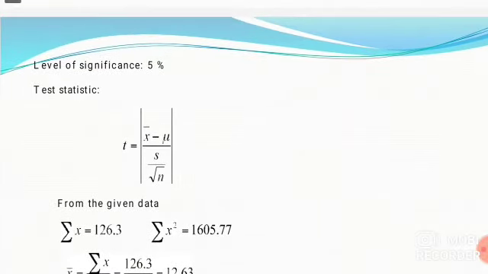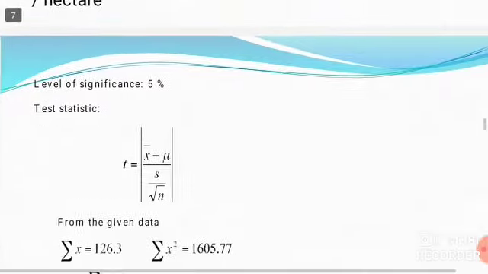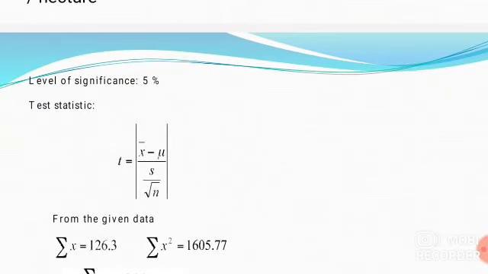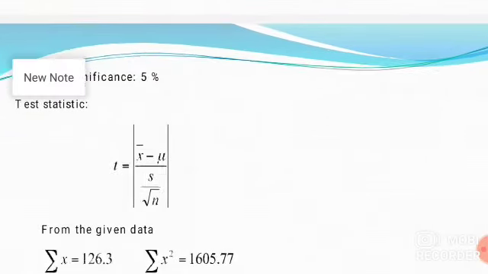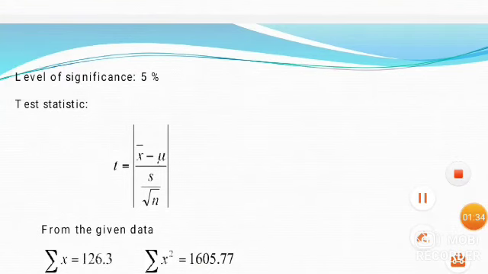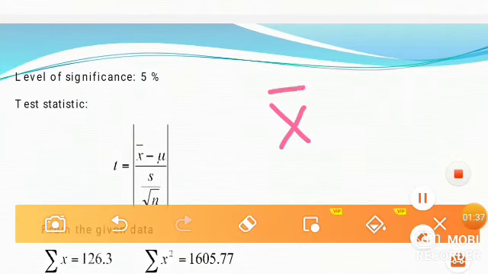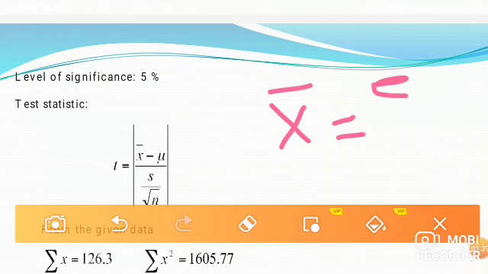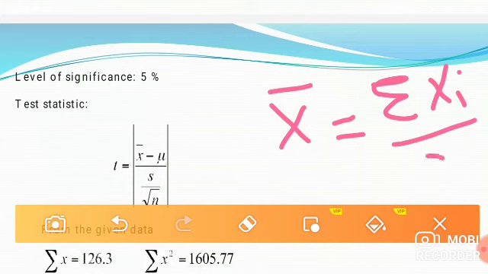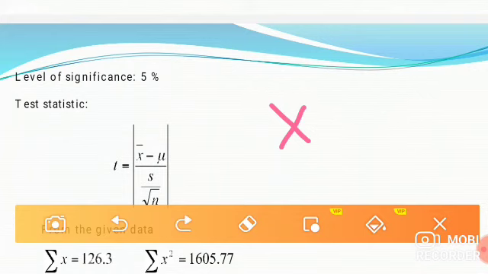Now x bar. We find x bar using the formula x bar equal to summation xi divided by n. So here it is the sum of all observations divided by the number of observations.